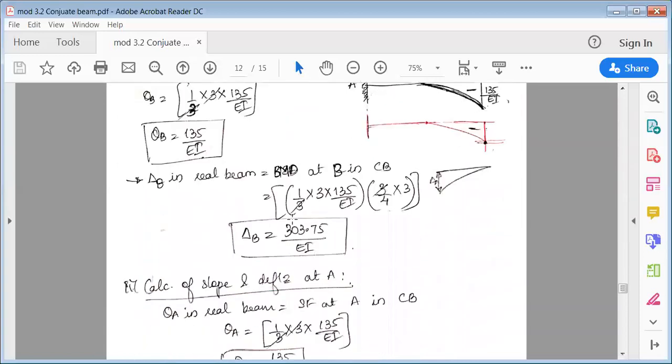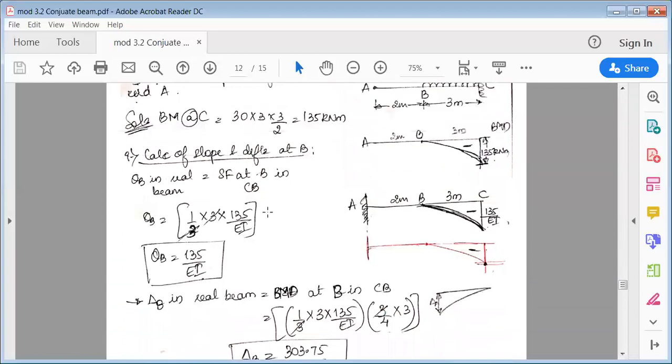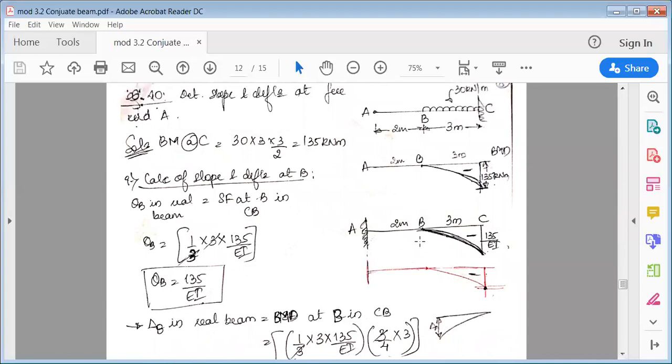Once you draw this, the next thing is to calculate the slope and deflection at the free end A. First we'll calculate theta B and delta B, because there is a load which starts at B. Theta B in the real beam is equal to the shear force at B in the conjugate beam. So it is the vertically upward force at this point.